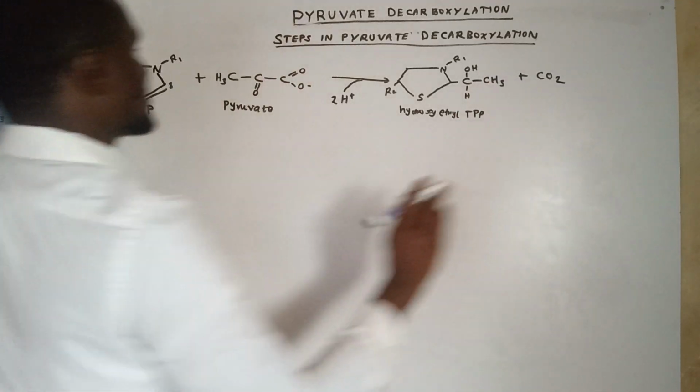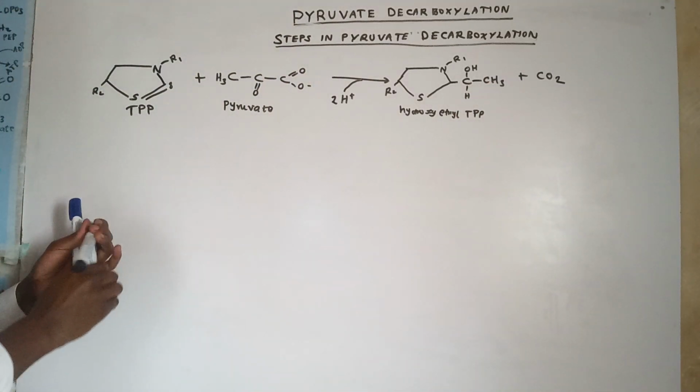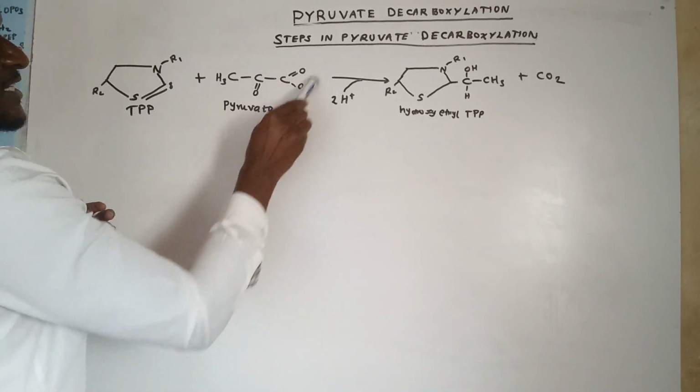And carbon dioxide is kicked out. So this is the carbon dioxide part that is normally kicked out.